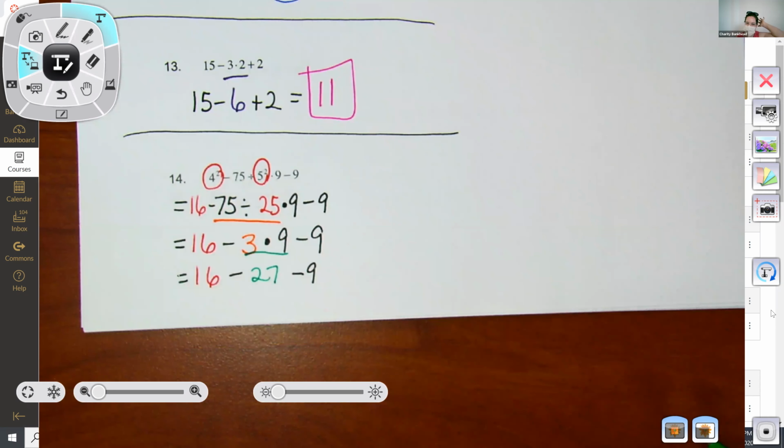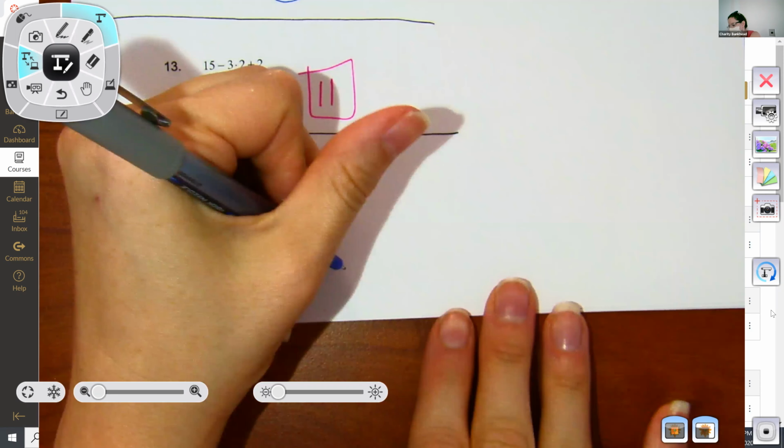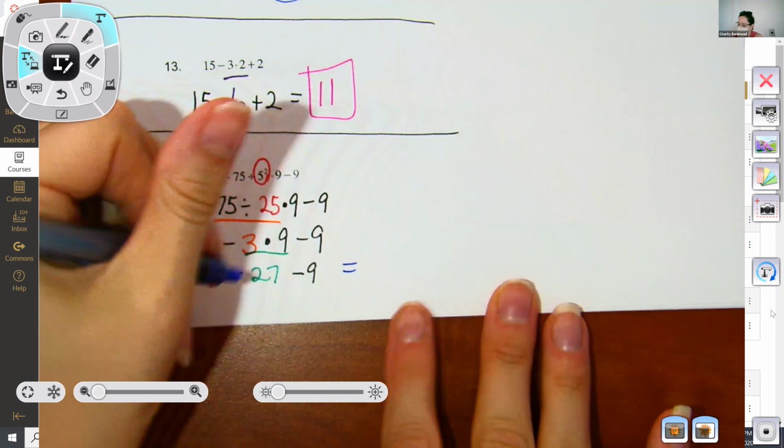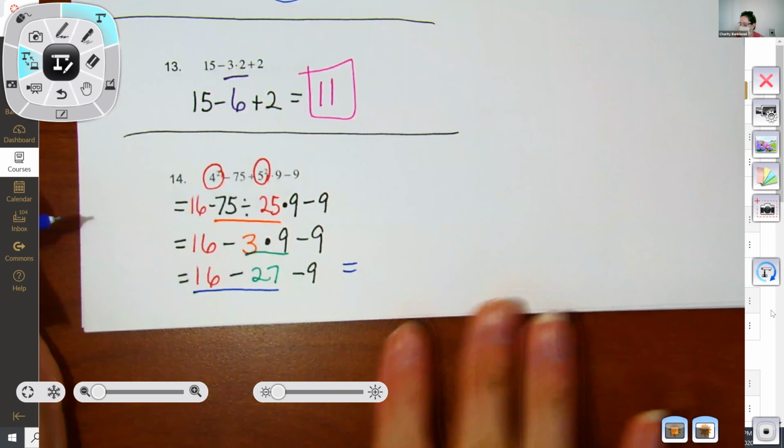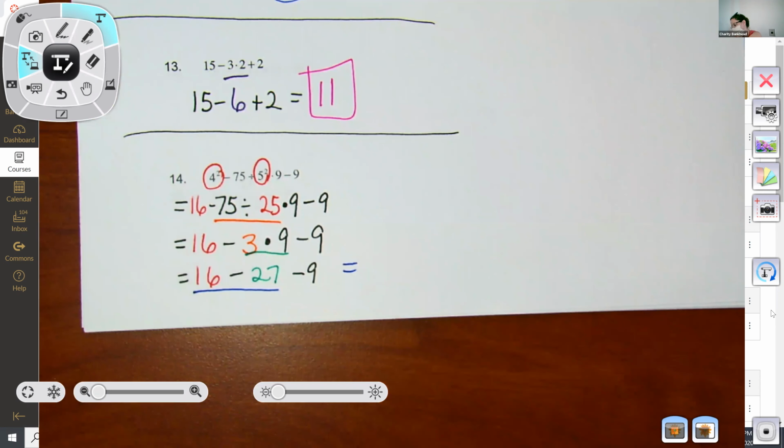All right, so now I can just go across. So 16 minus 27 is going to be negative 11.